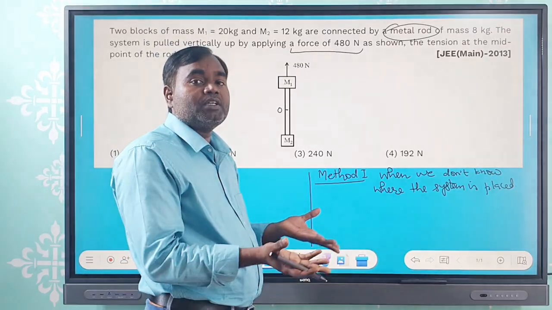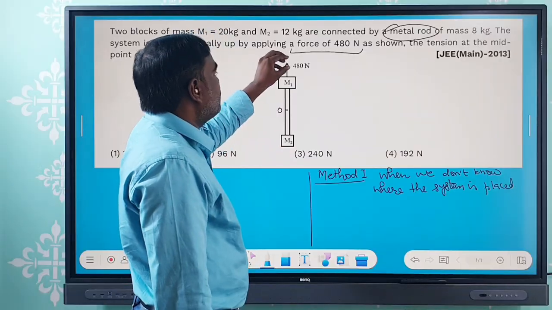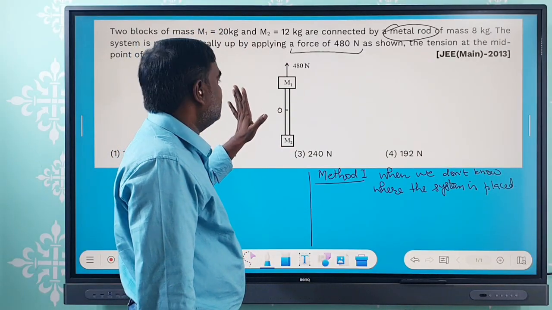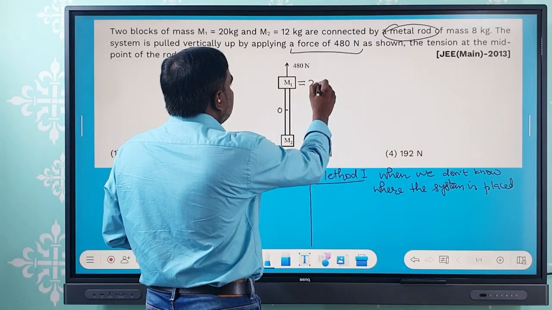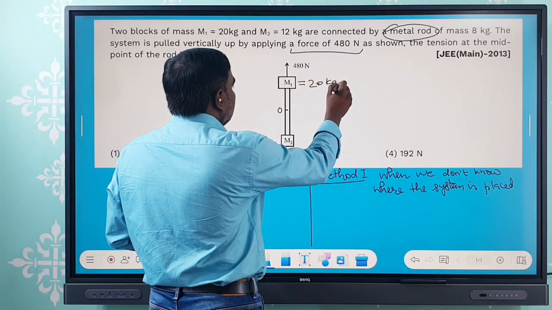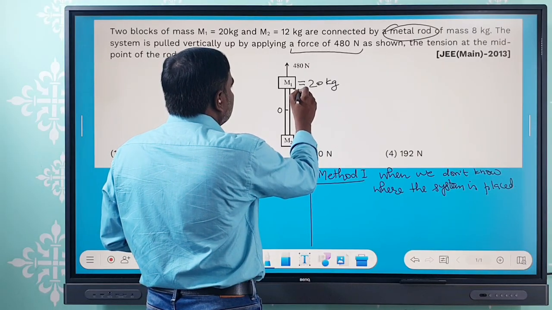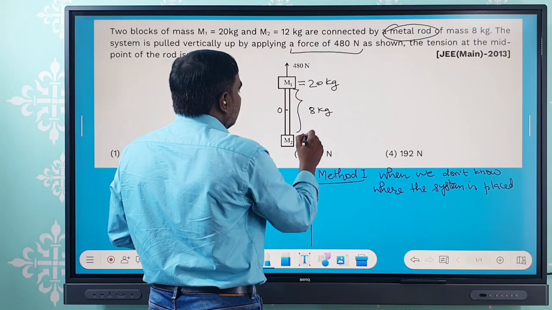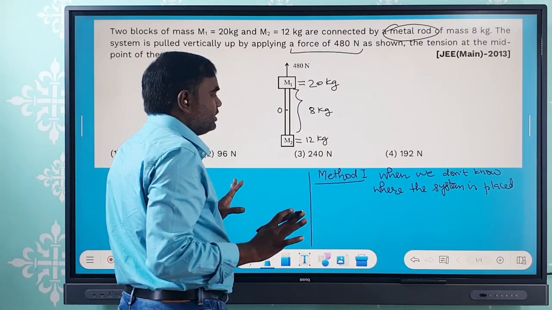The question only says that a 480 Newton upward force is being applied, and m1 is equal to 20 kg, the rod mass is 8 kg, and m2 is equal to 12 kg. These are all the things given.